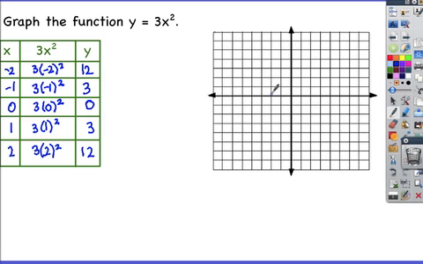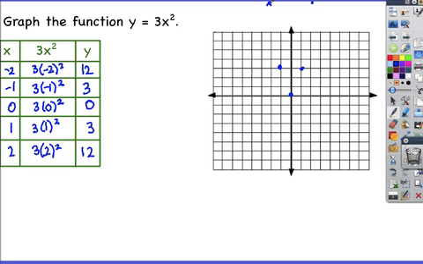So negative 2, 12. 1, 2, 3, 4, 5, 6, 7, 8, 9, 10, 11, 12 would be all the way up top. Negative 1, 3. 1, 2, 3. 0, 0, 1, 3, and 2, 12, again, which is all the way up top.